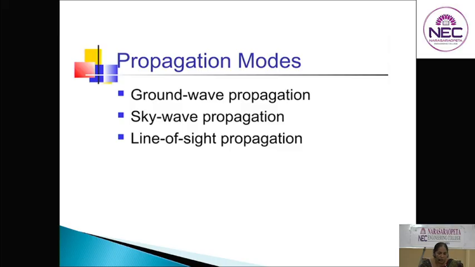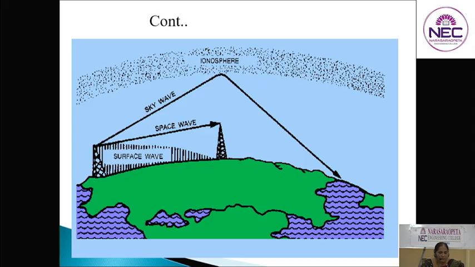Next, propagation modes. Basically, the different types of propagation modes are ground wave propagation, surface wave propagation, space wave propagation, sky wave propagation, and the ionosphere. In the ionosphere we have different layers: D layer, E layer, and F layer, and the F layer can be split into two, F1 layer and F2 layer.